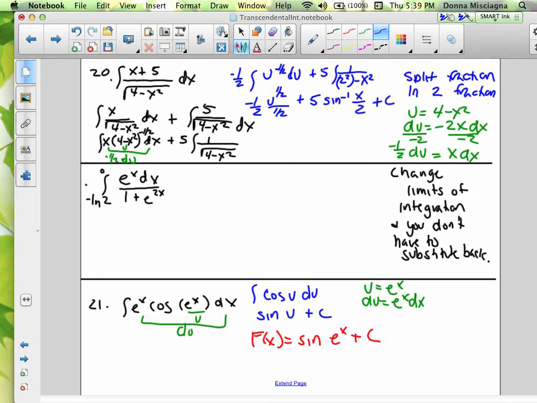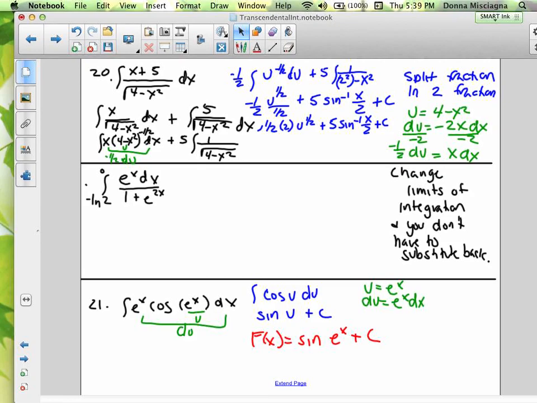Let's just substitute back, and this one is done. Actually, let's simplify first. So negative 1/2 times 2 times u to the 1/2 plus 5 arcsine x over 2 plus c, and that's going to be negative 1/2. Excuse me, negative 1.